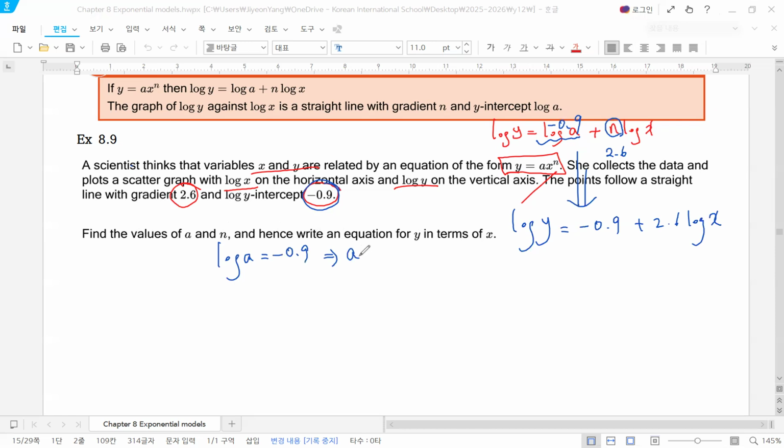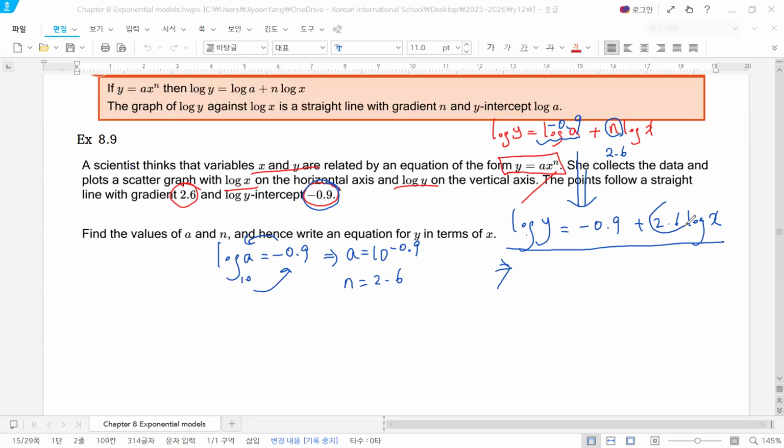Therefore, a equals, what is the base? 10, right? So you can write it as 10 to the power of negative 0.9. Understand? And then n is as it is, just 2.6. Okay?